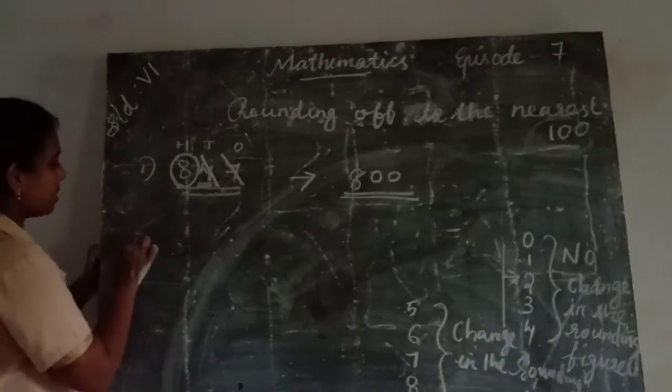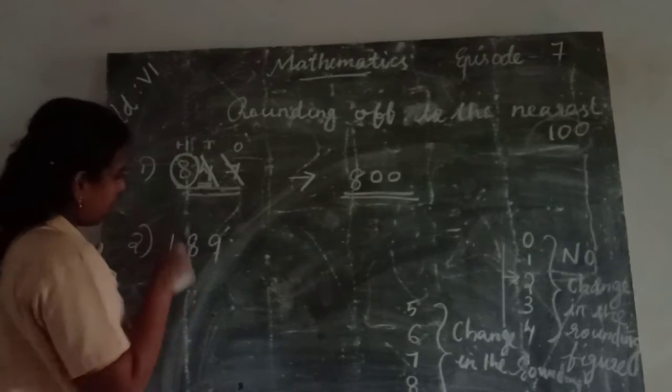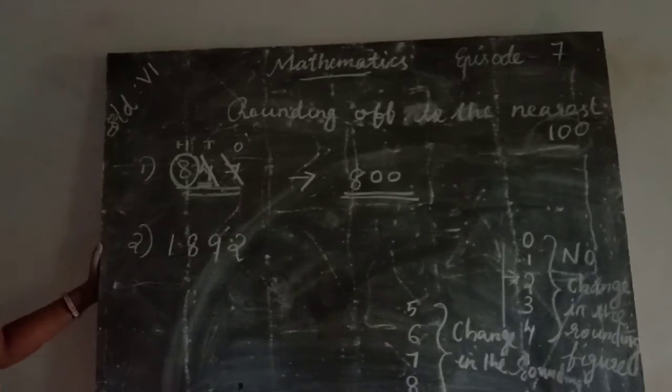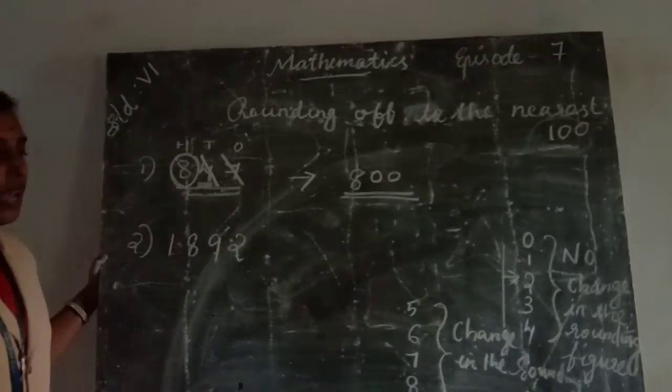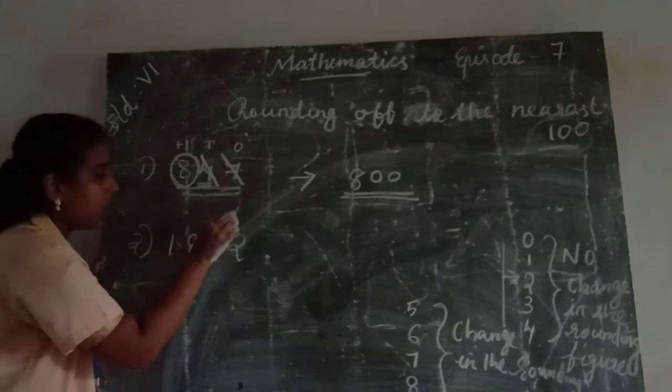And another question, 1802. We want to write the nearest 100 of this numeral.